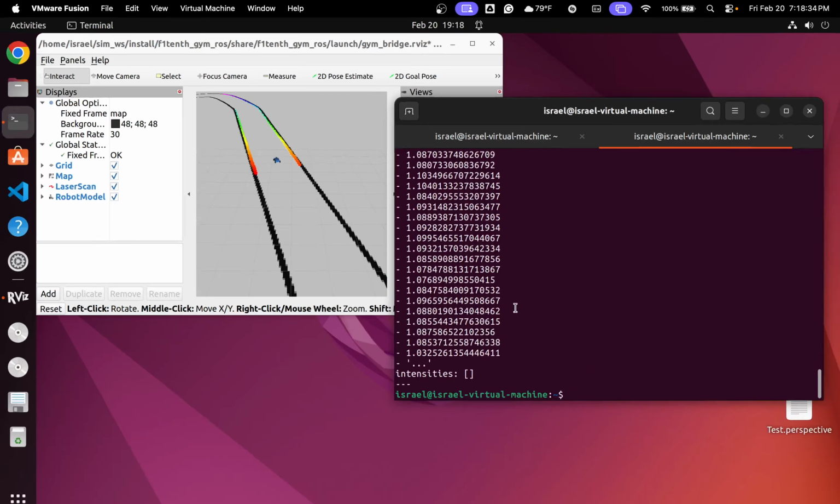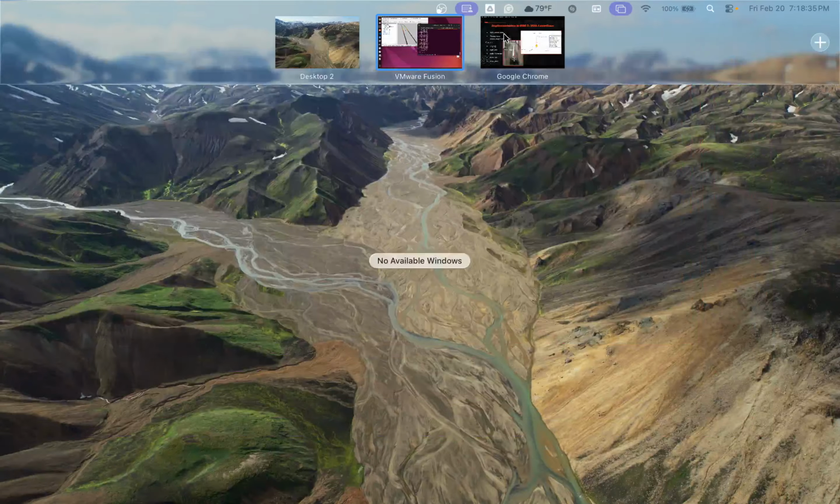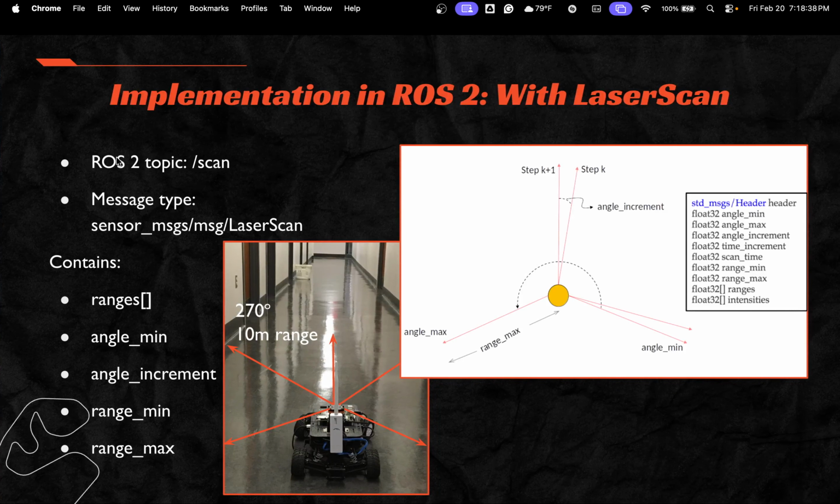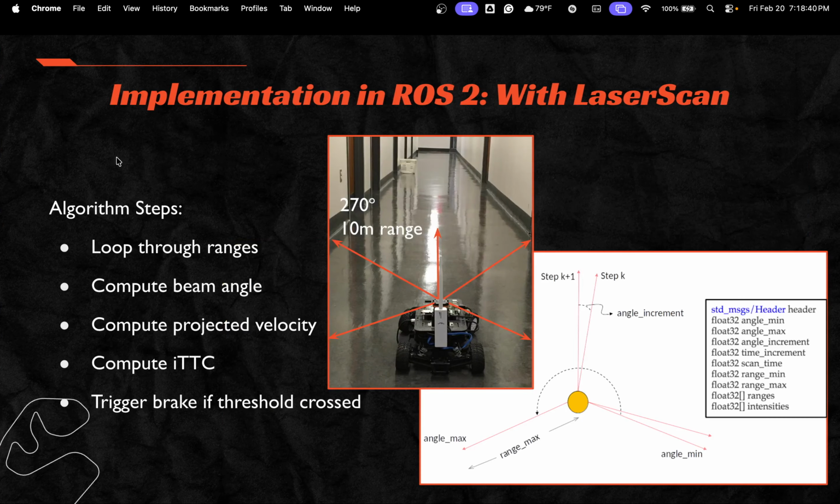And let me see, let me go back here. So in our next step, we will try to implement that with the laser scan.